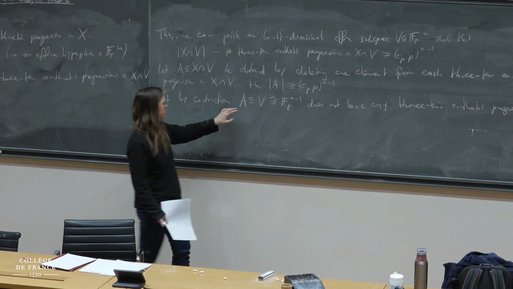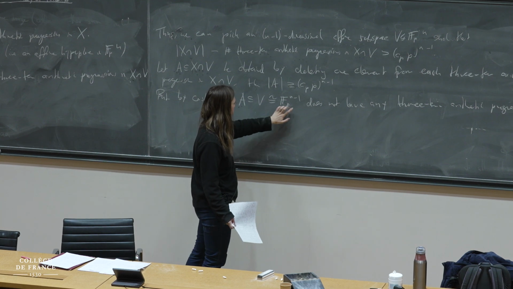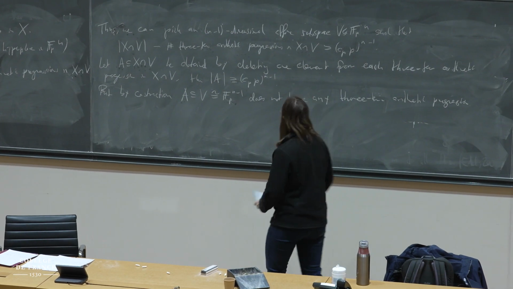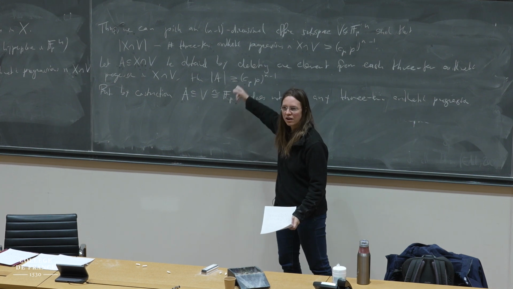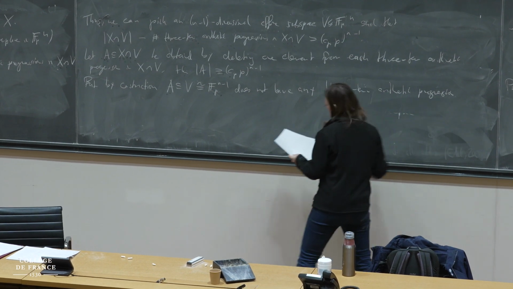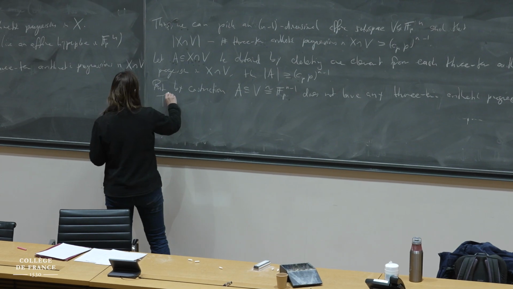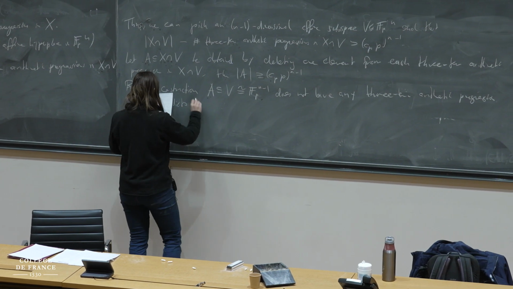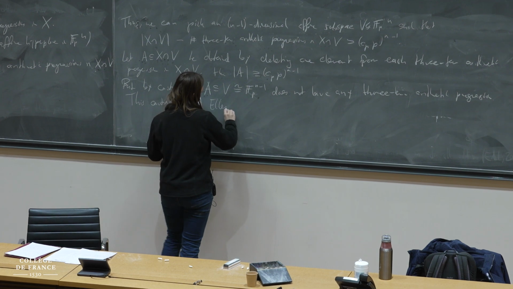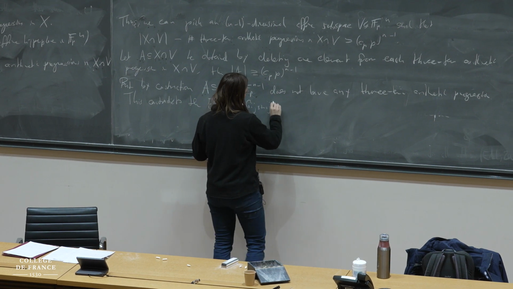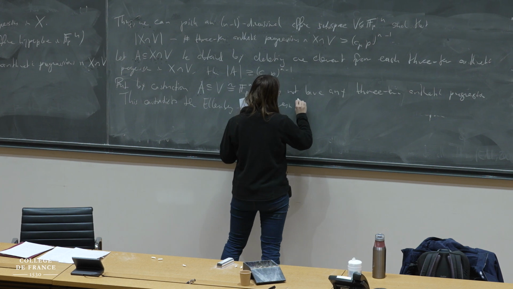So we find a subset A, which we can interpret as a subset of Fp to the n-1 without a three-term arithmetic progression, but with a size larger than this. And that contradicts the Ellenberg-Gijswijt result, which we stated in the last lecture.